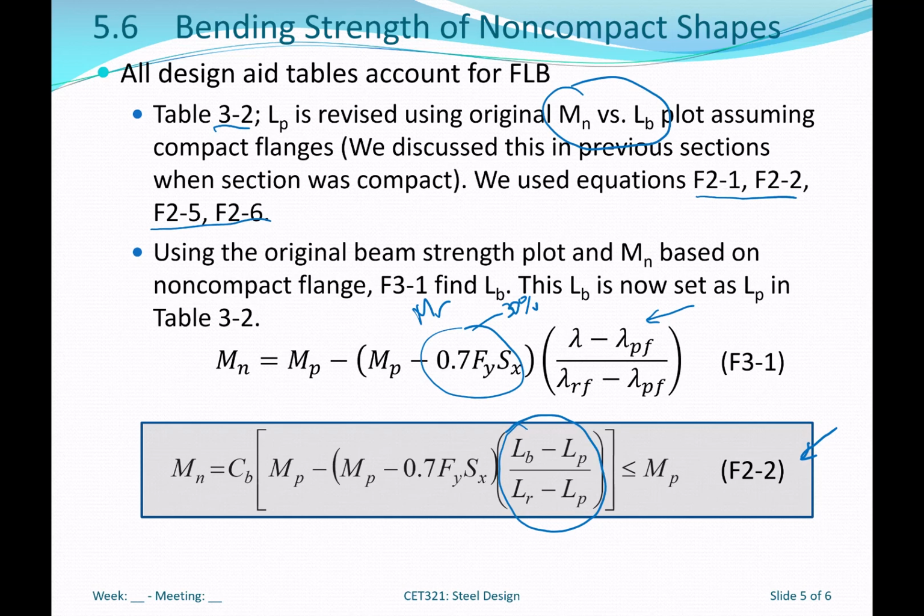And then once we have that, all we need to do is adjust it to accommodate the limit of the non-compact flange, okay? So we'll use M sub P, right, Zx times Fy, to come up with our nominal moment capacity, but we will now be limited by the strength of the beam considering the compact flange, the non-compact flange, okay?